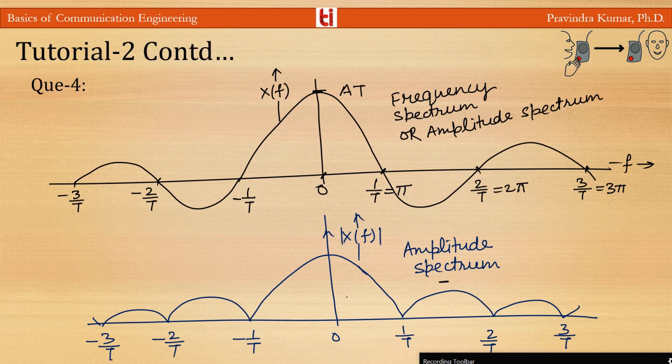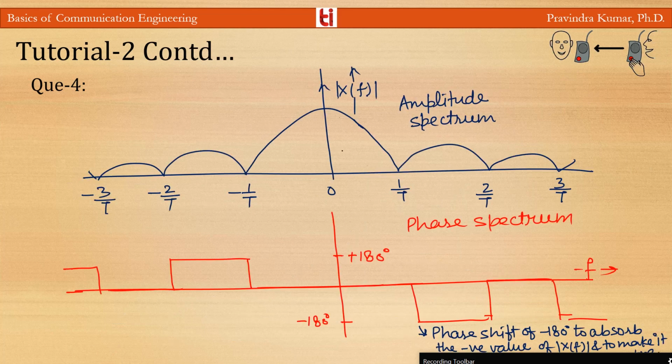In the phase spectrum, we can write the phase shift of minus 180 degrees to absorb the negative value of the modulus of X(f) and make it positive.